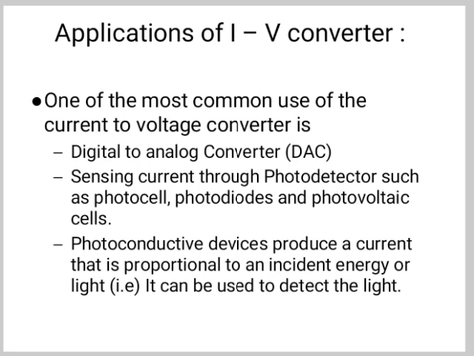So the transimpedance amplifier uses an op-amp and feedback resistor to generate an output voltage that is proportional to the input current. The magnitude of the gain is equal to the feedback resistance, and since inversion occurs, the circuit's transfer function is Vout is minus Iin into Rf.